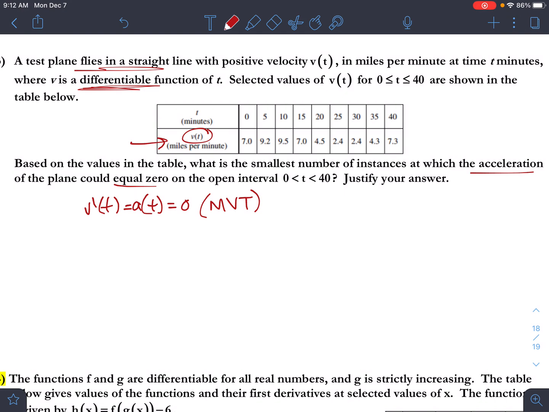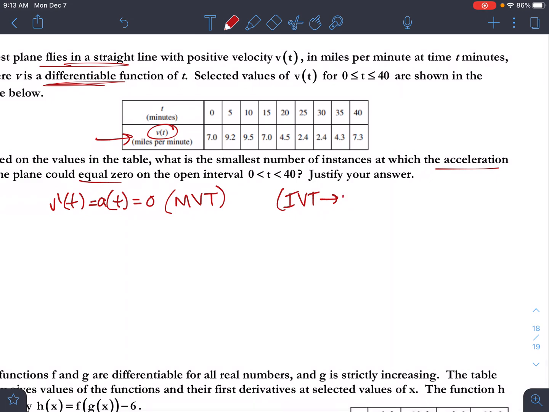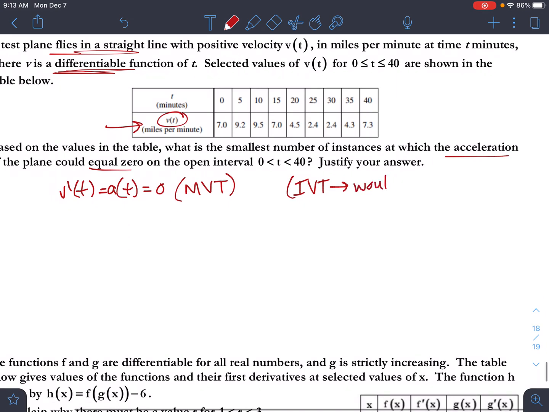Now, the reason people get confused is a lot of times this problem looks a lot like what we did for intermediate value theorem. If I had a question about intermediate value theorem, I would have been showing or asking that velocity itself is equal to some number. I would have said something like, could we guarantee that velocity is 8 at some value of t?